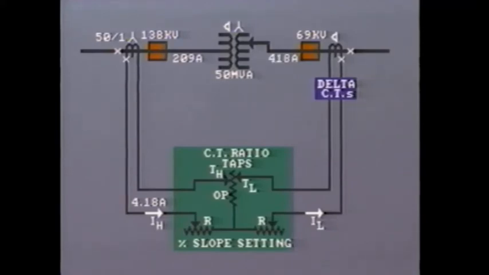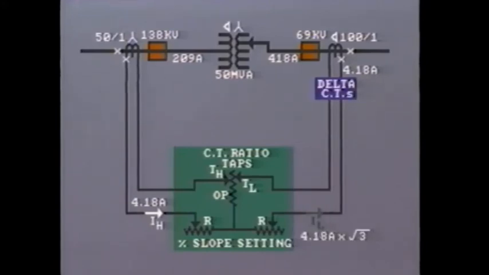What would be a logical CT ratio on the low voltage side? Well, as the voltage is half the line voltage on the primary side, then CT ratio would be 100 to 1. So the current in the CT secondary will be 418 divided by 100. That equals 4.18 amps. But remember, the CTs are connected in delta.